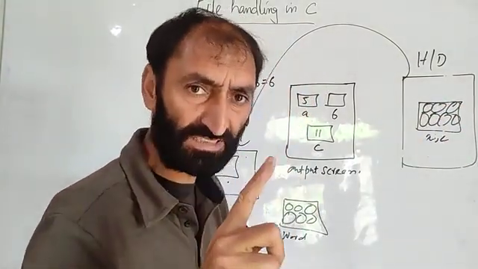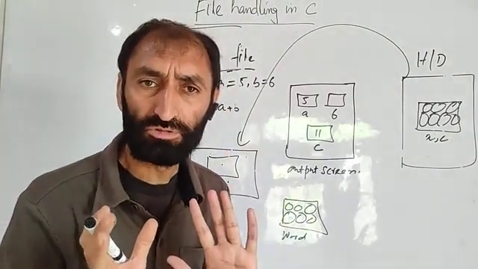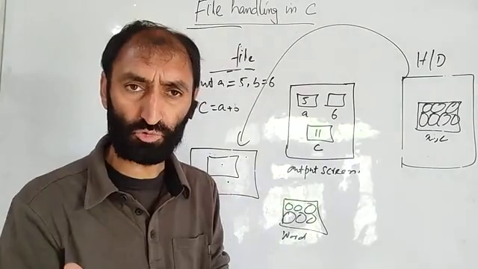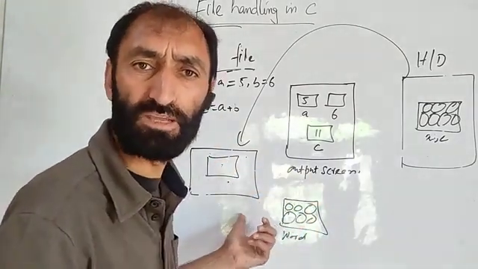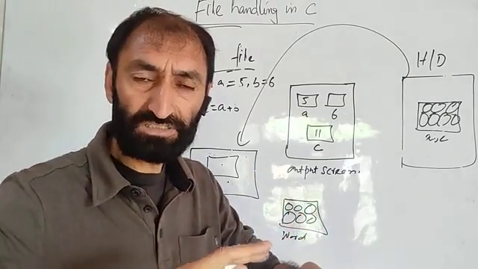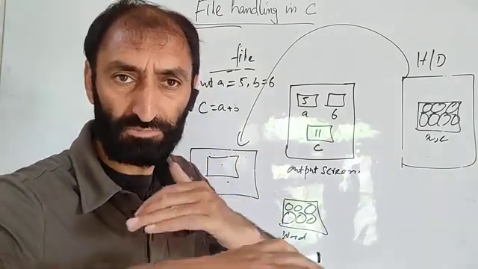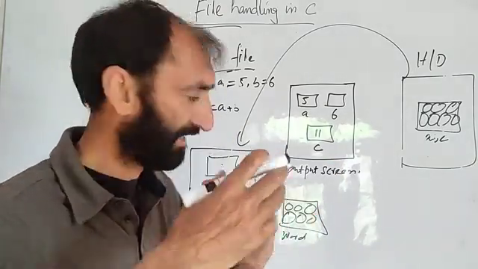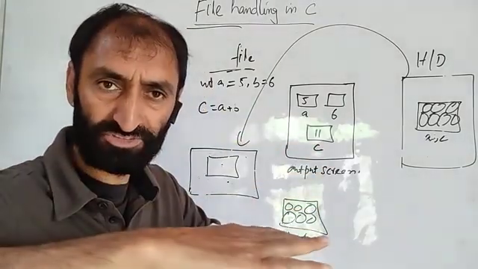First thing. Second thing, if we have a large amount of data to store, we cannot store that on the main memory, because main memory is very expensive. As a result, it comes in computers in small amounts.